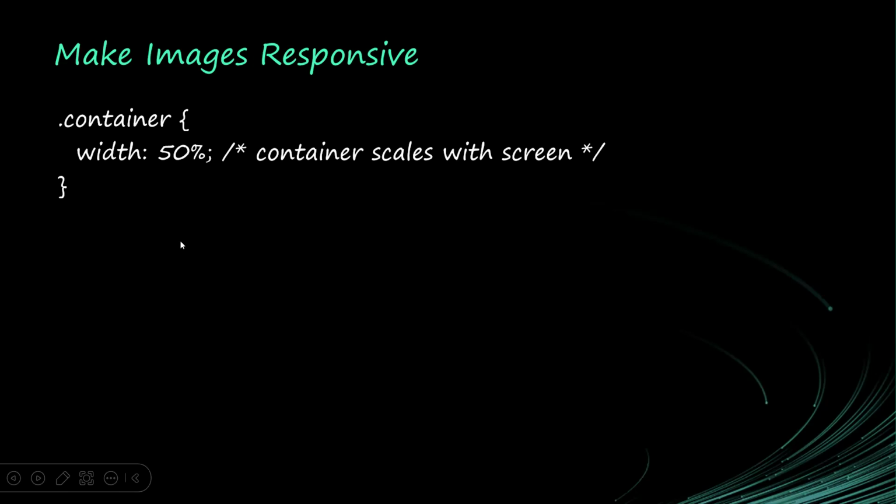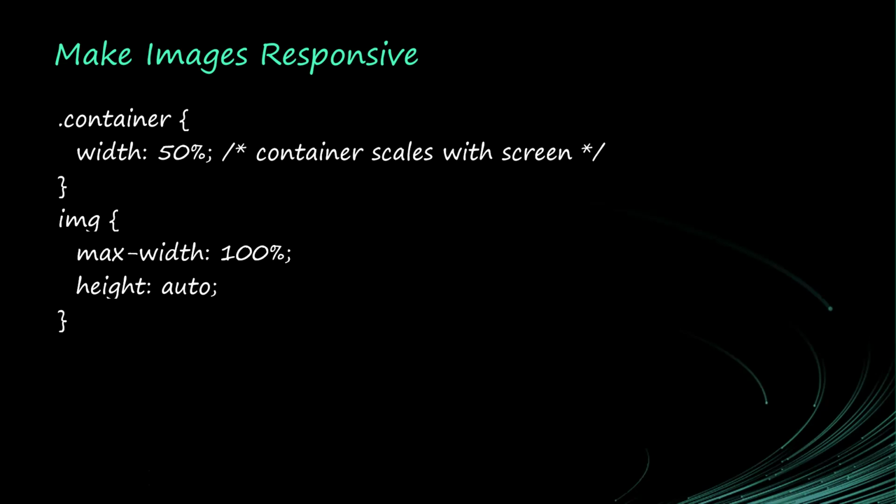And your image should always be 100%. Use this rule on your images: the max-width of your images should be 100% of their containers, and make sure you're using containers to structure your image. The height should be auto so that you maintain the aspect ratio of the image.